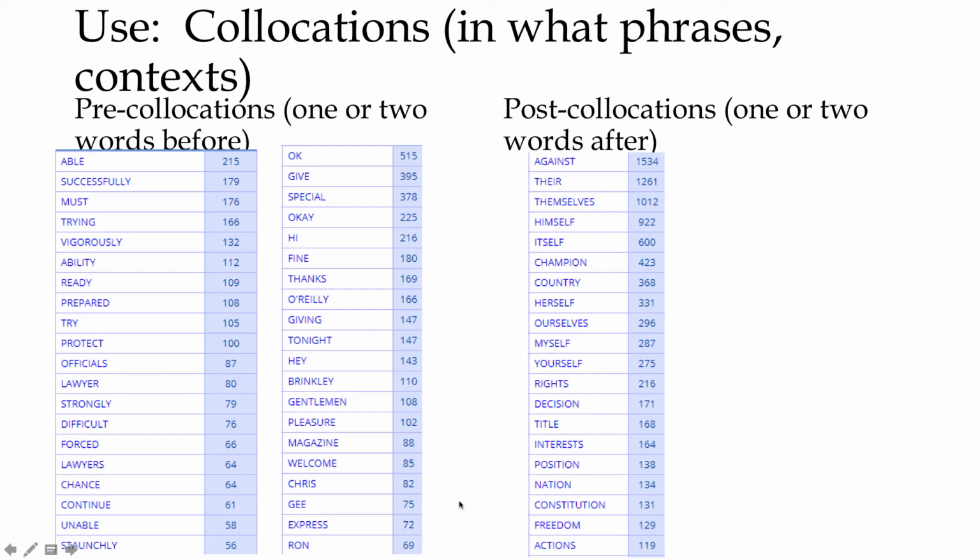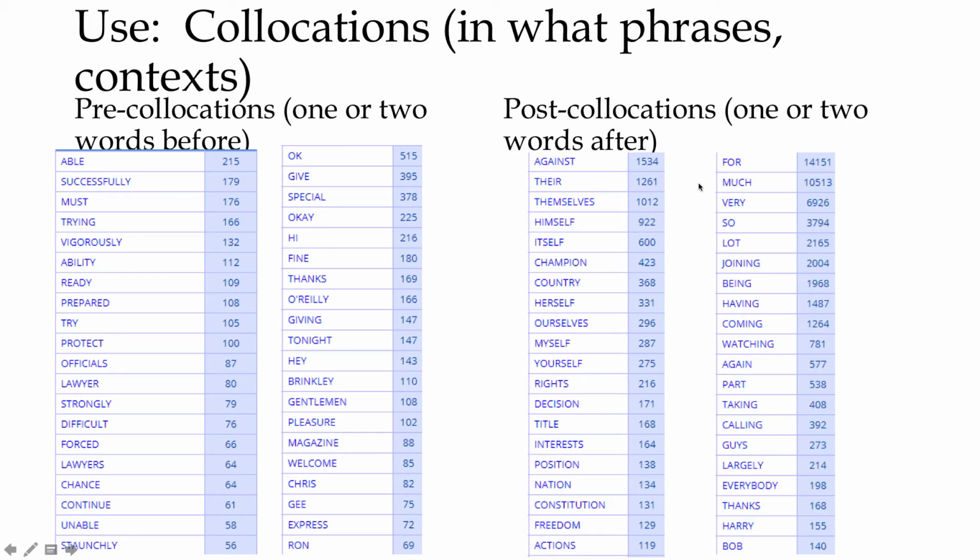Gentlemen, welcome, and thanks, those would appear together. Express thanks, gee, thanks. And then after the word thanks: thanks for this, thanks very much. Both much and very occur a lot. Thanks so much, thanks a lot. Thanks for joining, thanks for being, thanks for having, thanks for coming, thanks for watching, thanks again. Thanks in part, thanks for taking, thanks for calling.